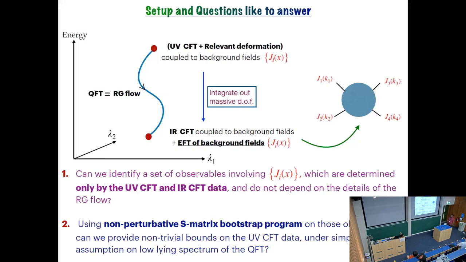In the case of a CFT, there is the conformal bootstrap procedure to put bounds. But suppose there is a UV CFT and we trigger an RG flow. Then, using this background field method, if the observables depend only on the UV and IR CFT data, then under some assumptions about the low-lying spectrum of the QFT, hopefully we can also bound some UV CFT data. This is the kind of question we want to ask.